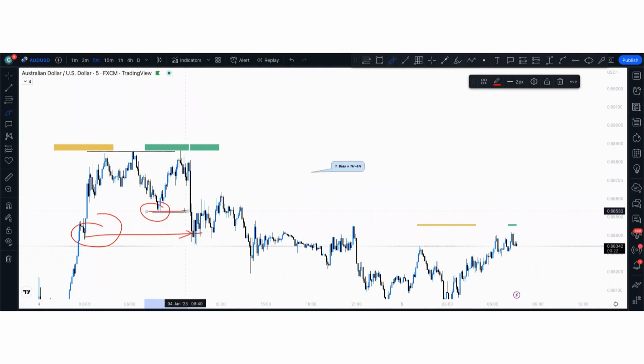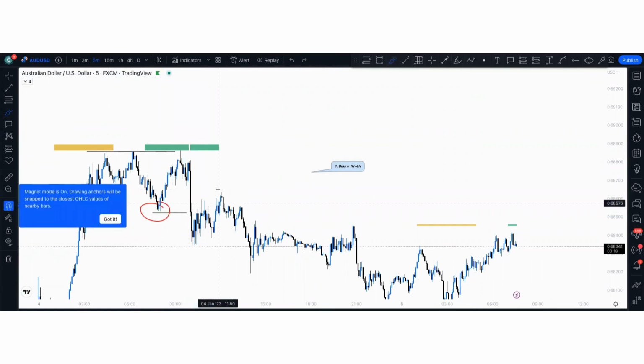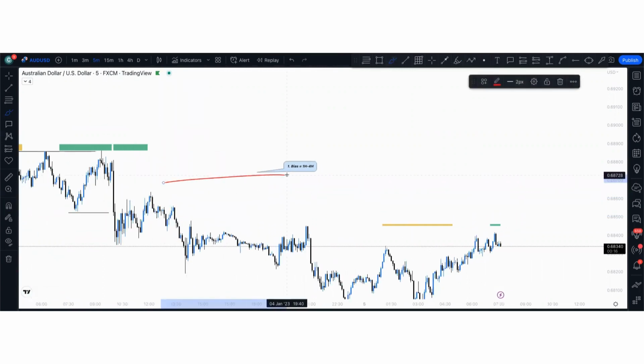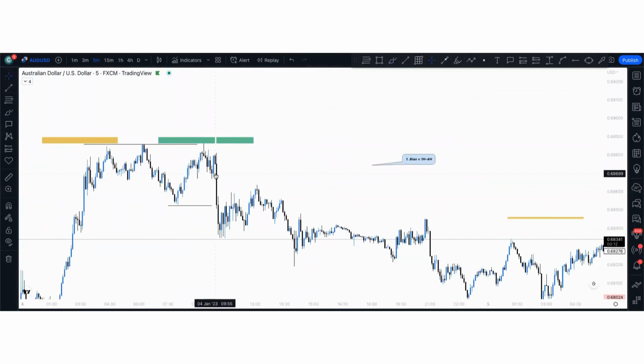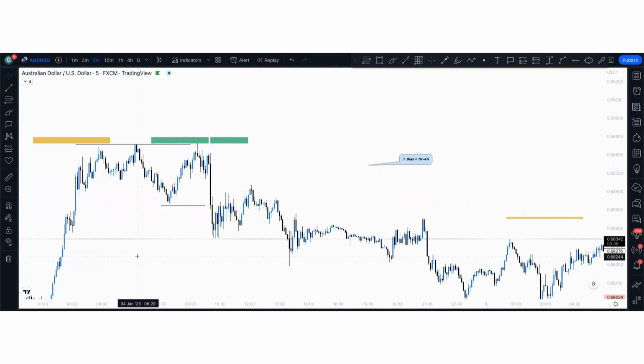It breaks these two lows in the 5-minute time frame, and the sellers are really in control here.